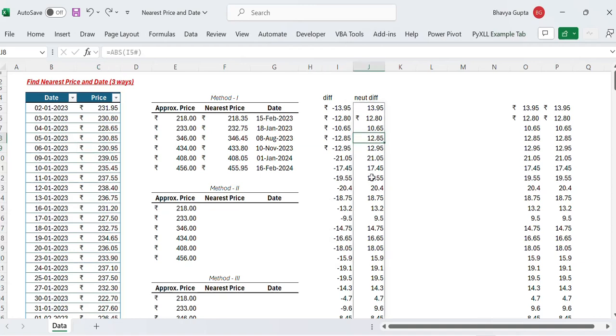But if 0 is not present here, we will try to find the next larger value than 0, because the neutralized difference either could be 0, or it would be greater than 0. It cannot be less than 0. So we will try to look up the value that is just the next largest value to 0, right?